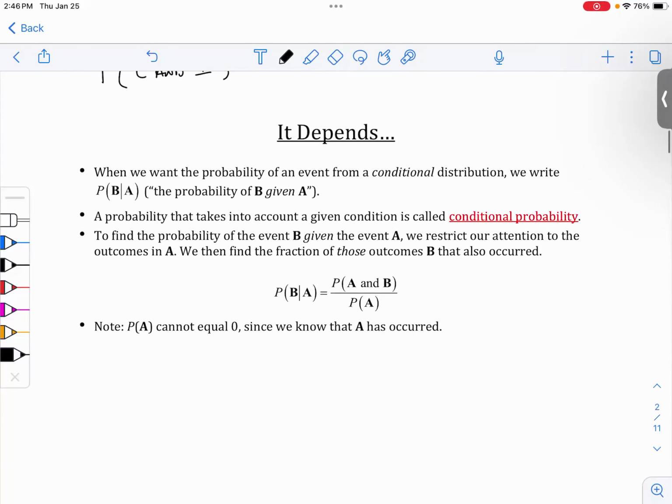Okay. So the other big thing we do are conditional probabilities. There are three ways to connect two values that we're interested in: and, or, and given. Given is represented by this vertical line. The notation is there to help you.